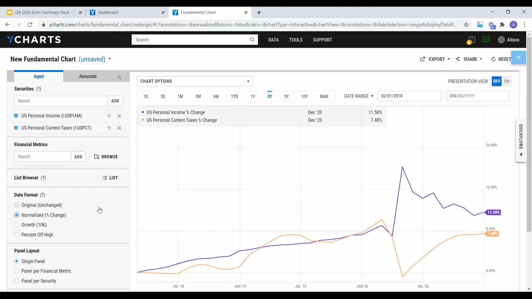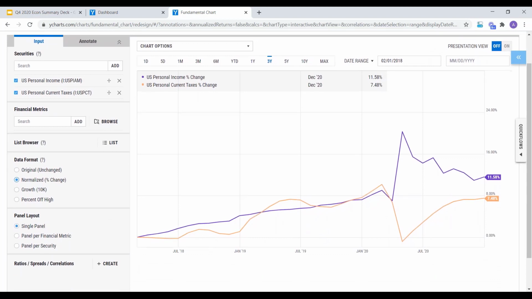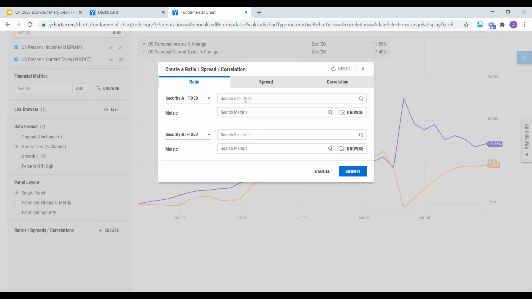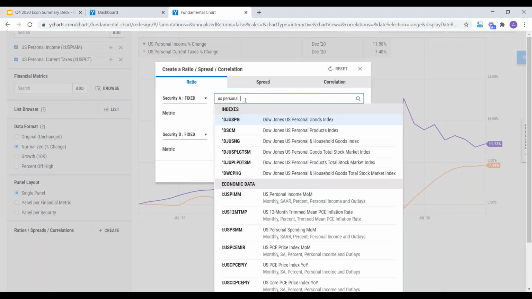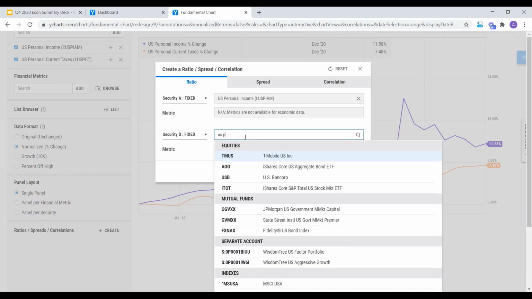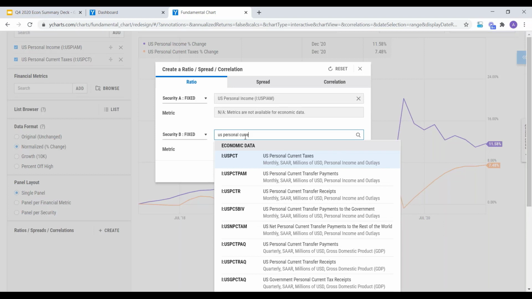But the second part that I really like about the chart is what you were pointing out there, Connor, the ratio. So if I scroll down on my control panel here, we have a ratio, spreads and correlations button just right at the bottom here, and I'm going to go ahead and create that now. Just adding back in those security types so you know exactly what to build the ratio out of. US personal income, and on the bottom there, I'm going to add US personal current taxes.